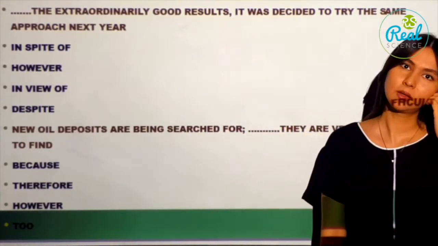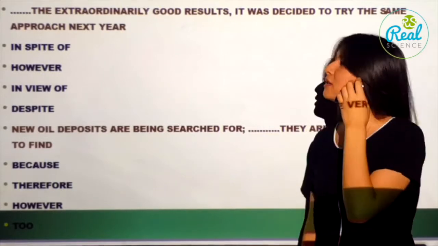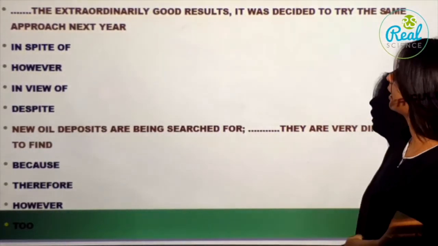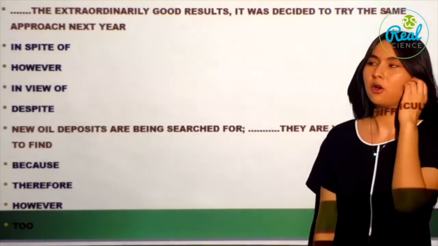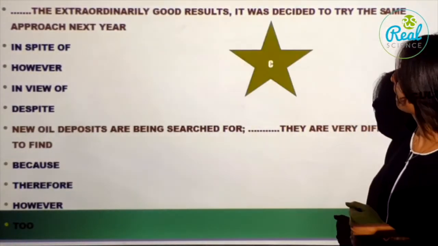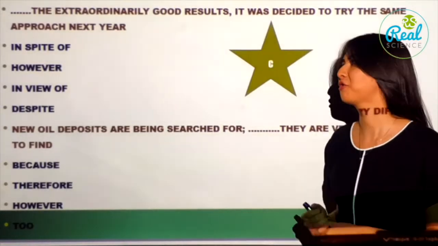We can't hear you. Okay, so the first one: in spite of the extraordinarily good results, it was decided to try the same approach next year. Let's see the answer.